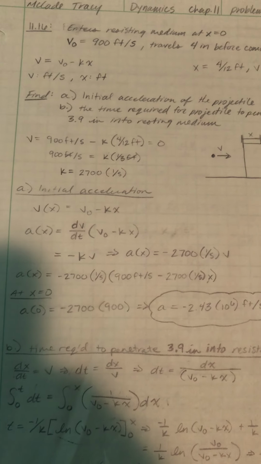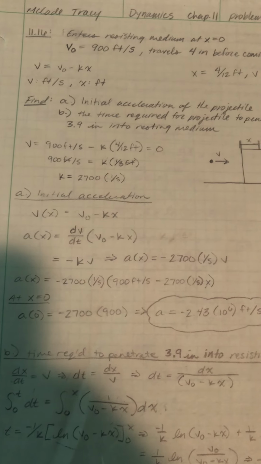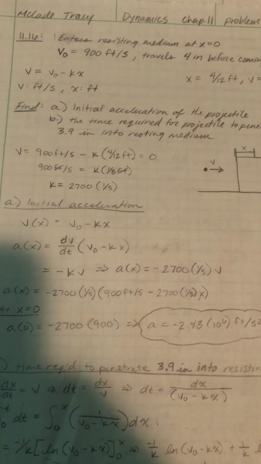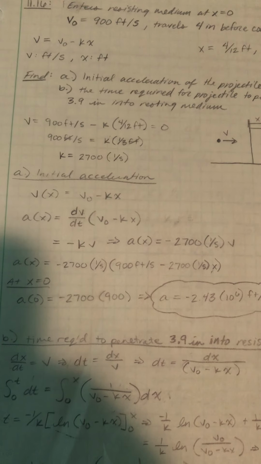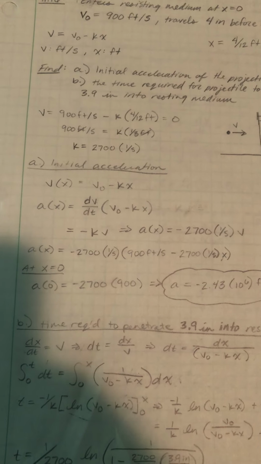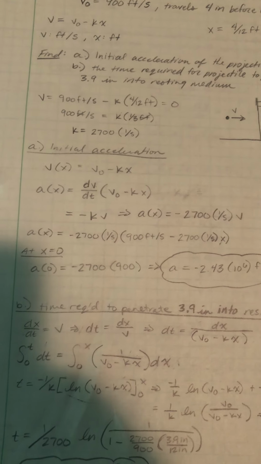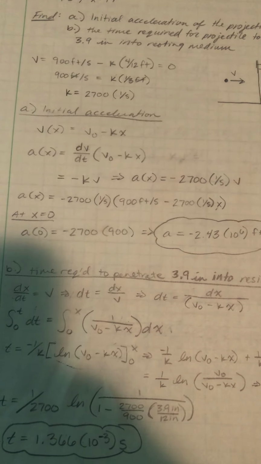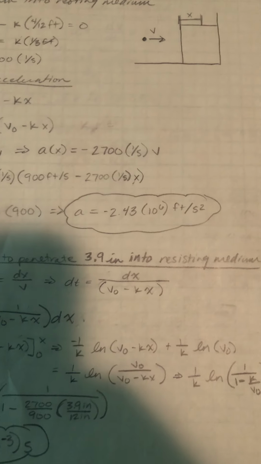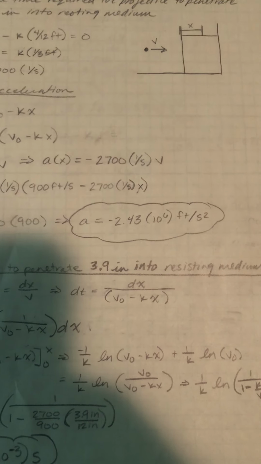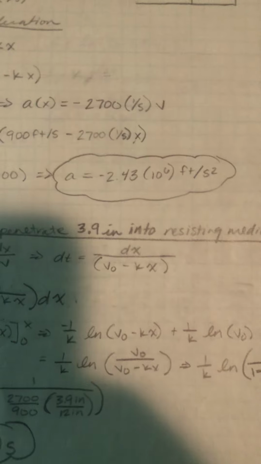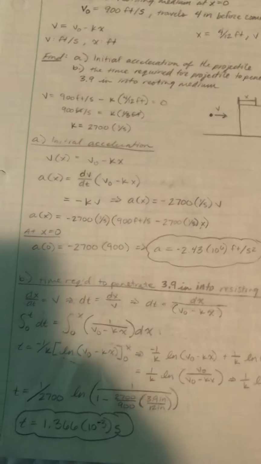And our velocity equation is, again, v naught minus kx. So we're able to plug that back in and get our acceleration at 0, which is negative 2.43 times 10^6 feet per second squared.